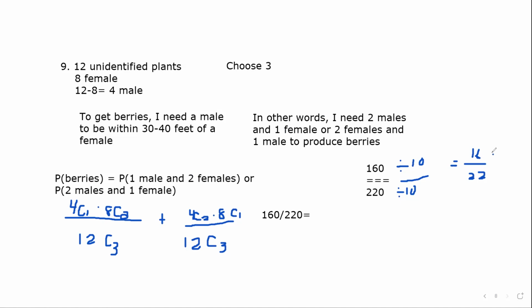We never say don't use your calculator, we just say justify your work. But this is how I did it in my head: 16 divided by 2 is 8, and 22 divided by 2 is 11. So I ended up with 8 over 11 as my fraction.